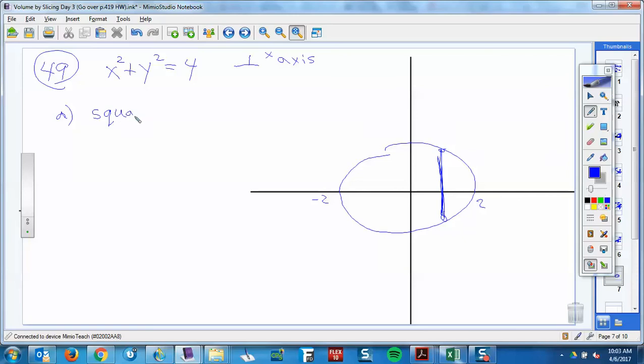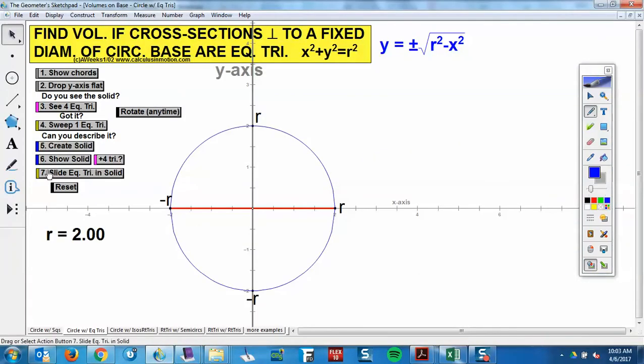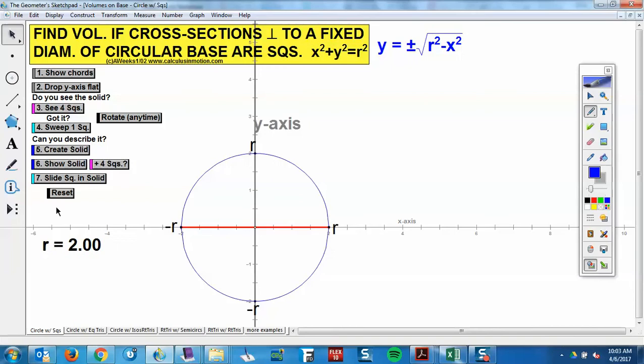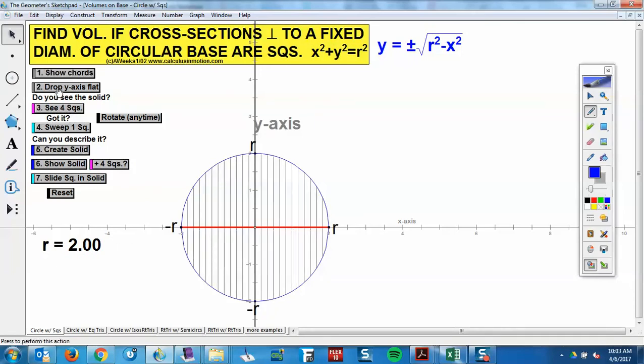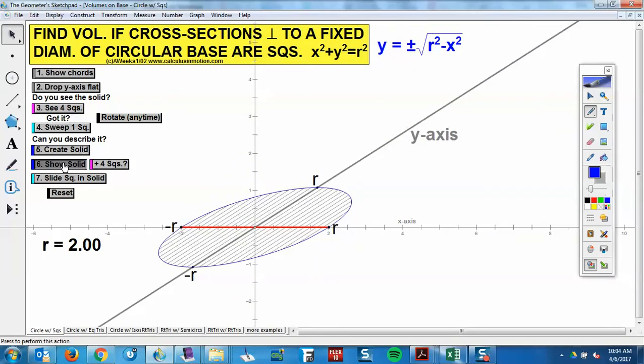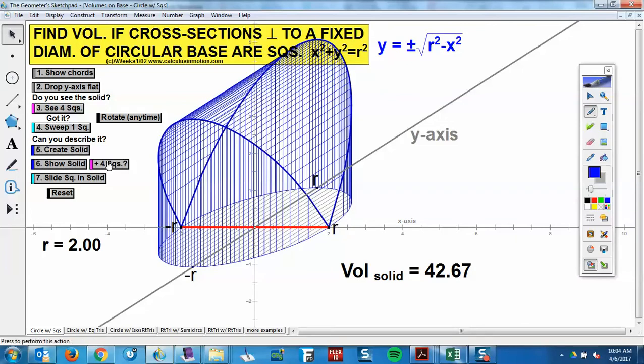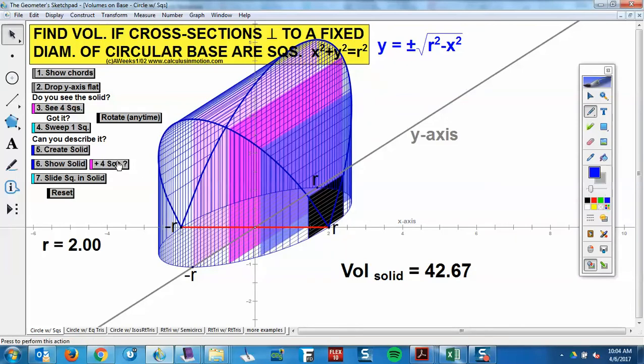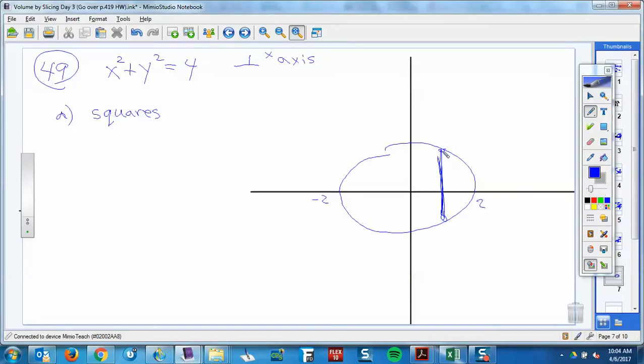The squares in part A. So that's exactly this picture right here, exactly this situation that we had yesterday, and we just have squares. We have squares coming up off the page, and it creates this kind of strange shaped solid here.